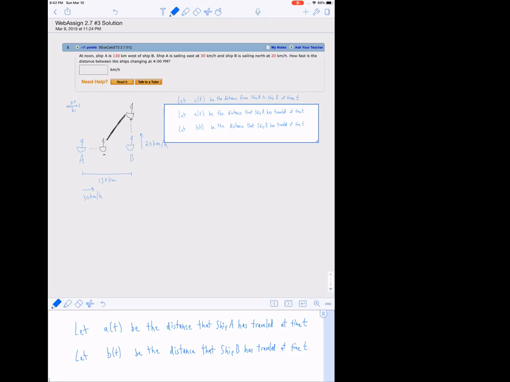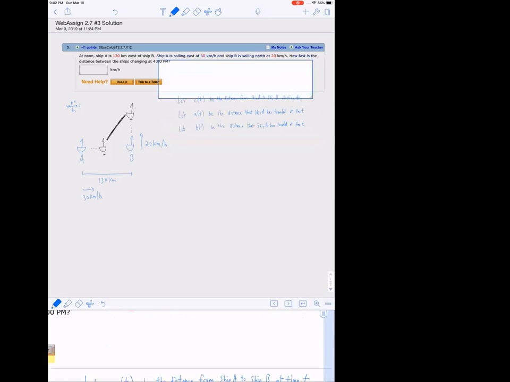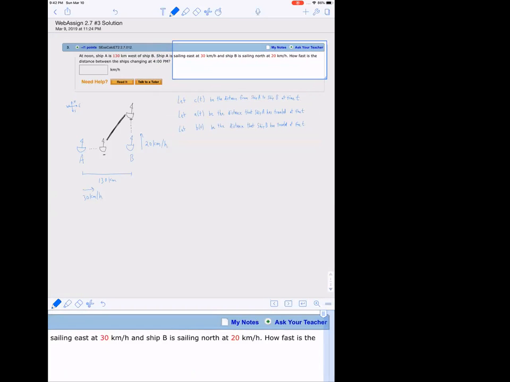Great, so now we have these quantities named, A of t and B of t, and it's important because we know that the derivative of A is 30 kilometers per hour, and we know that the derivative of B is 20 kilometers per hour.